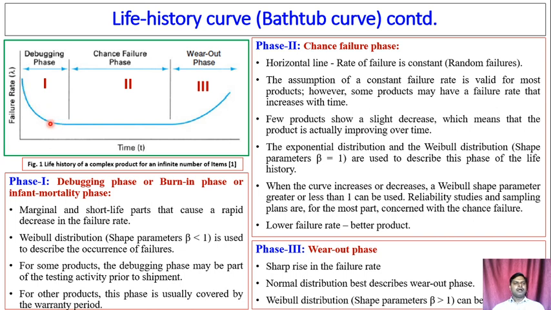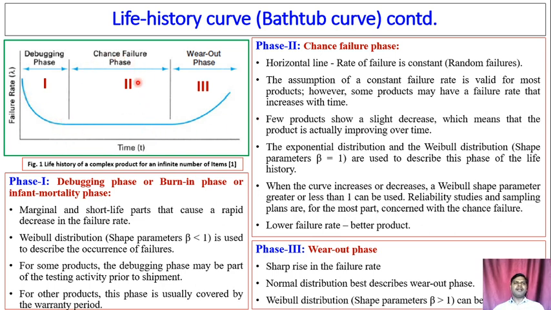For some products this may be treated as a testing phase, or for some products a warranty phase. This is the initial phase in which debugging takes place, and generally the rate of failures rapidly decreases with the passage of time.